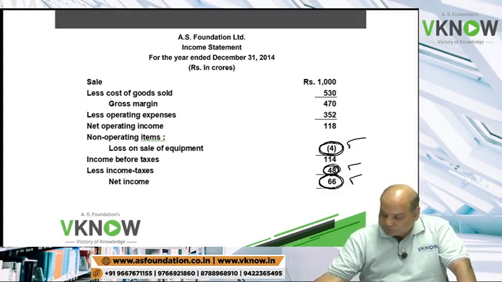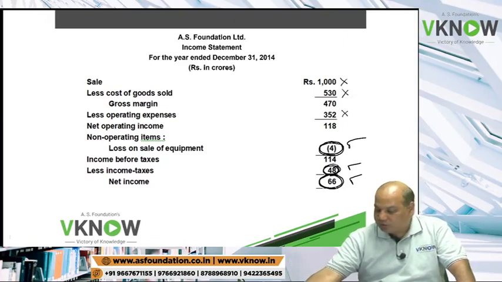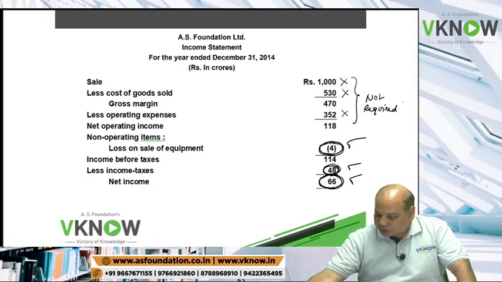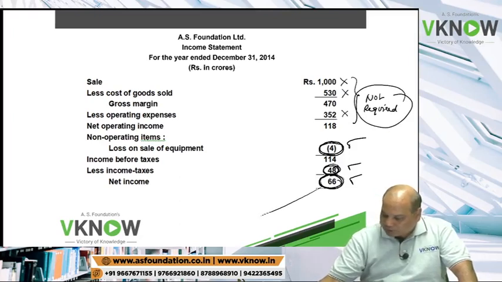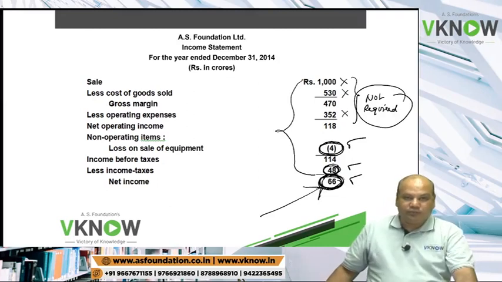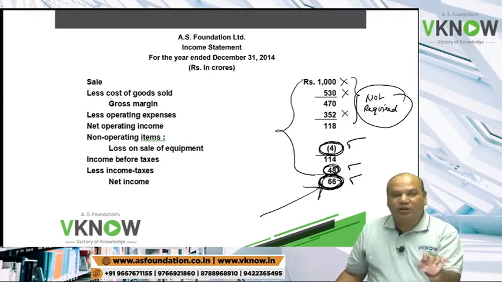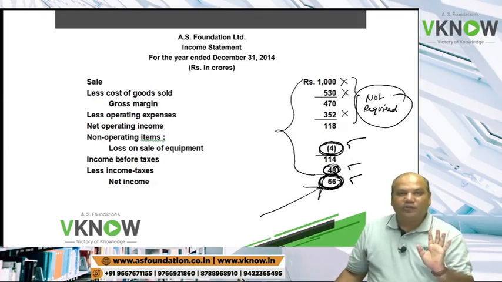But what about sales, cost of goods sold, operating expense? These will not be required. Why not required? Because I am taking profit figure. If I am taking 66 in my cash flow statement, it indirectly means I have taken all these figures, and only those figures which have to be adjusted will be adjusted.